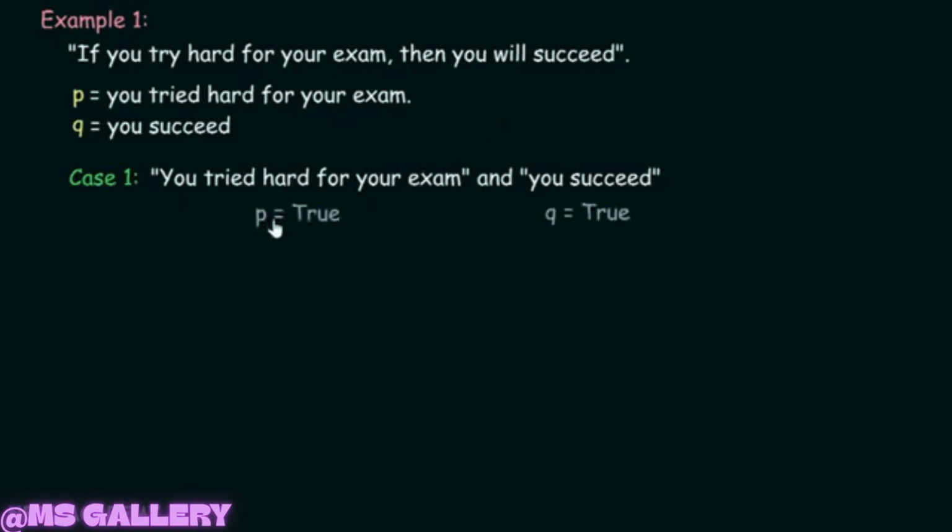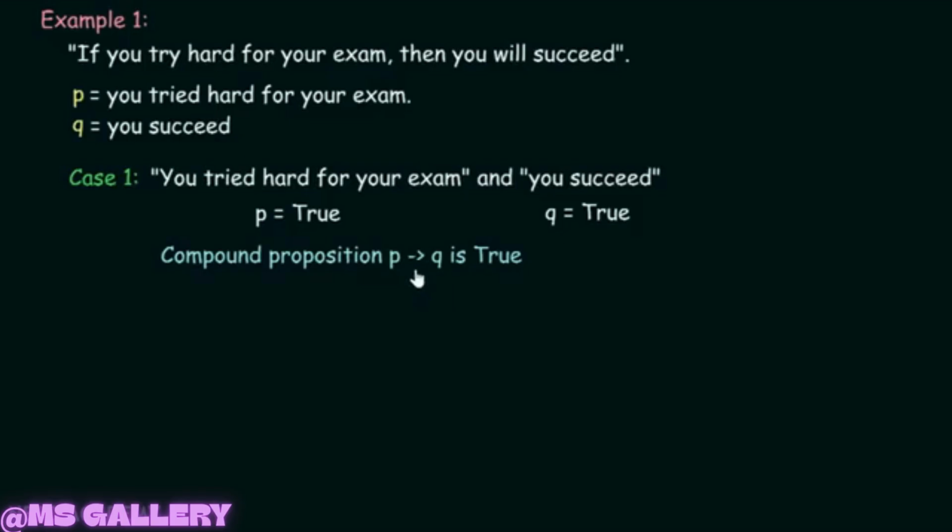This means P is true and Q is also true, right? This simply means that this whole compound proposition P implies Q would be true, right? Because you tried hard for your exam and you also succeeded. This simply means that this particular statement is correct. Therefore, according to case 1, this compound proposition P implies Q is true.